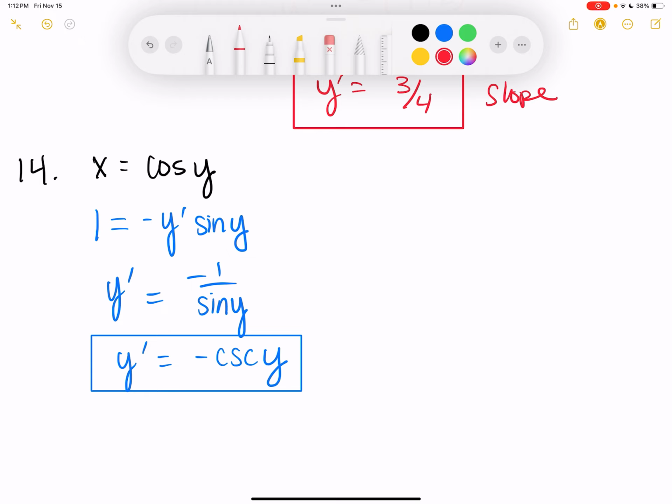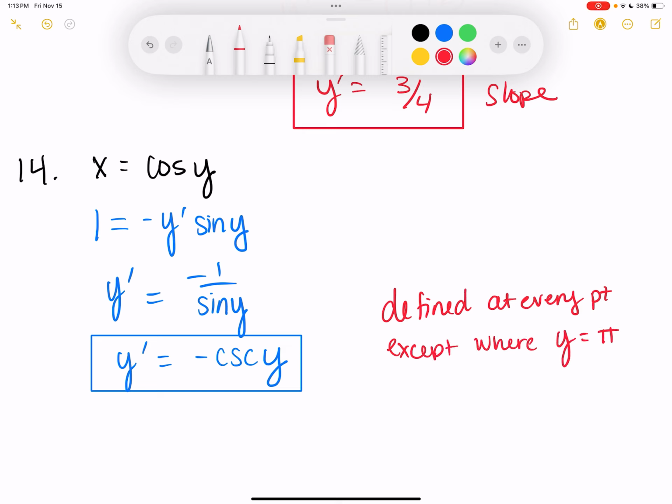Yes. So it's defined everywhere except for increments of pi, basically. Because technically 0 is an increment of pi. So it's defined at every point except where y equals k pi, where k is an integer.